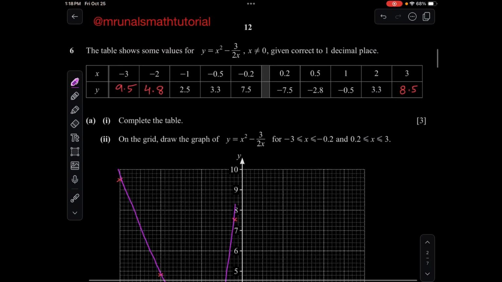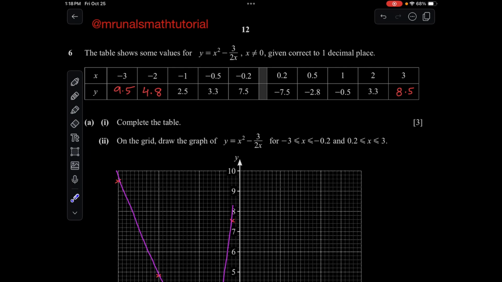So keep in mind that if you are having a gap here, it means that you do not connect these two parts. So don't connect this part with the second part over here. And the second point to remember is to look at the accuracy. The accuracy is 1 decimal place, so all the missing values should be rounded to 1 decimal place.